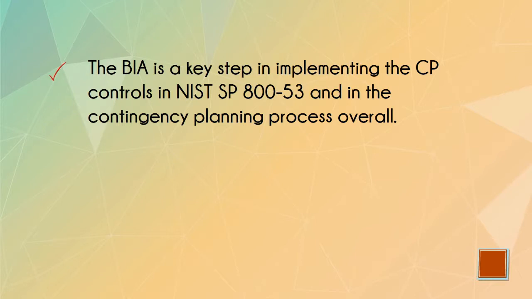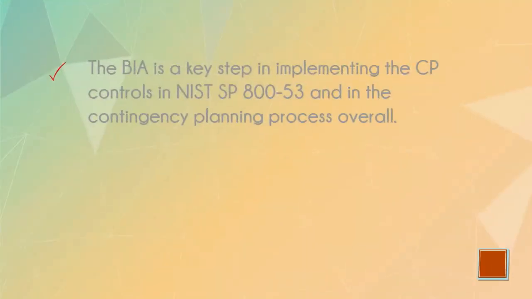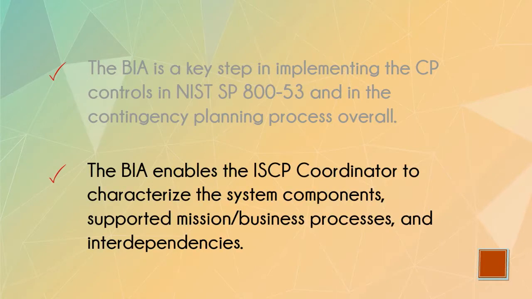The BIA is a key step in implementing the CP controls in NIST SP 800-53 and the contingency planning process overall. The BIA enables the ISCP coordinator to characterize the system components, supported mission business processes, and interdependencies.